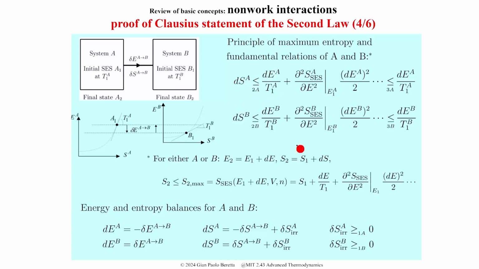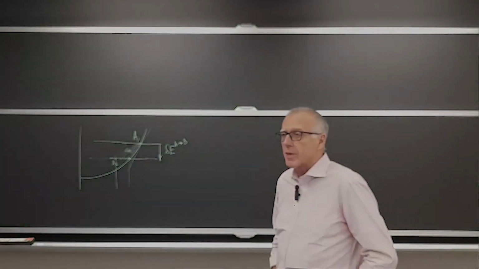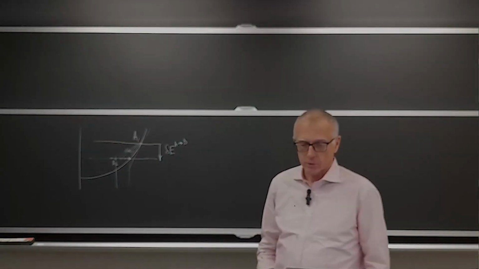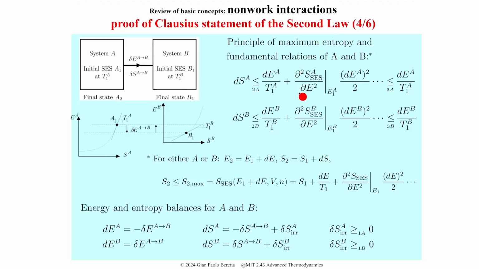So dS is equal to dE over T plus the second derivative, plus dots. What do we know about the second derivatives? Well, we just proved that they are negative. So if this is a negative number and this is a squared number, this thing will subtract. Therefore, this will be less than just dE over T.